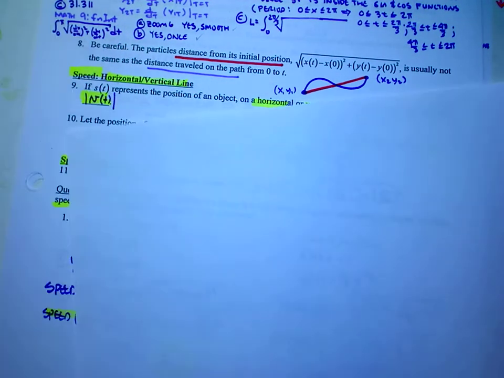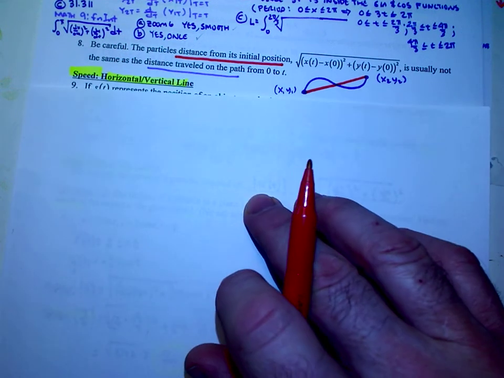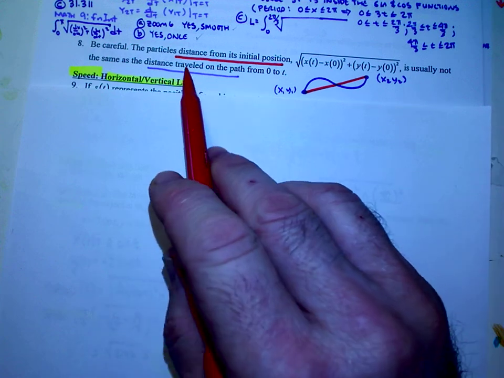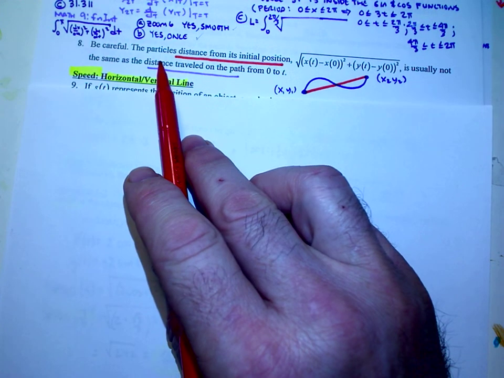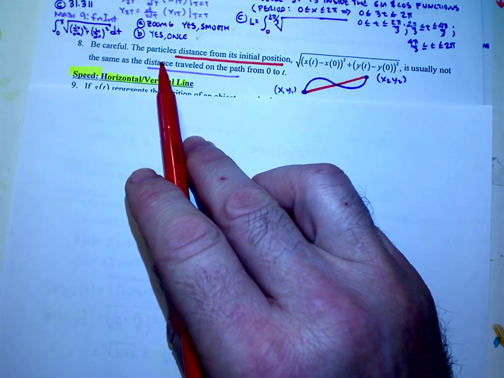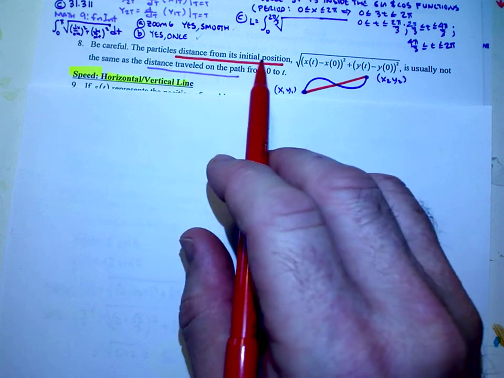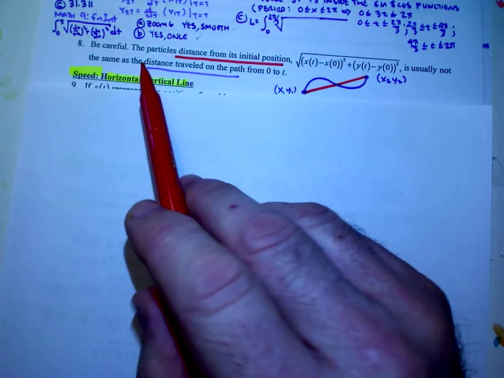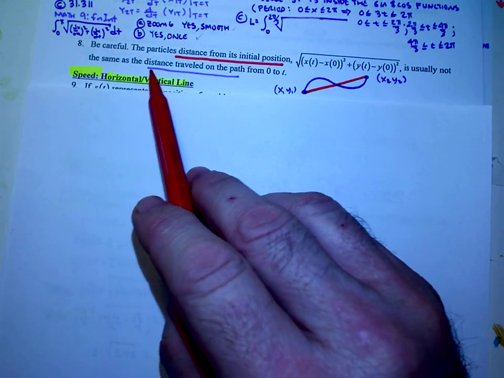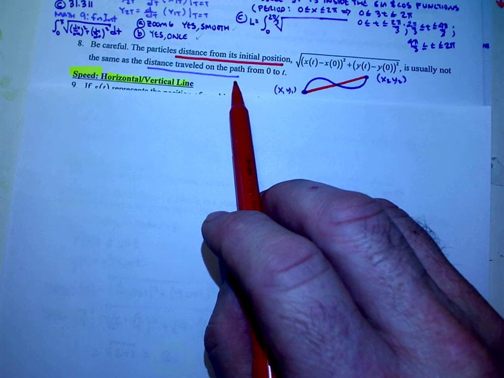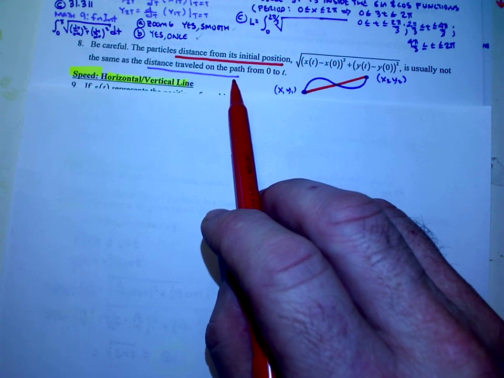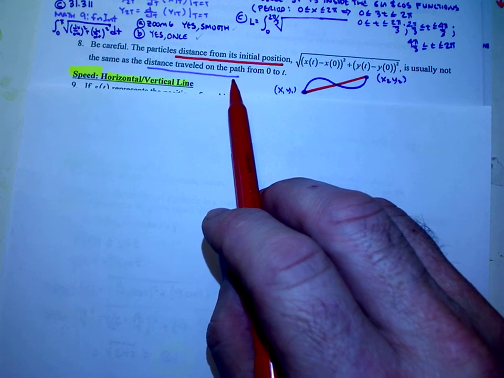Next, I want to point out a quick little note to you. Be careful on these questions. Sometimes they'll word it this way: what is the distance the particle is from its initial position? And sometimes they'll say, what is the distance the particle has traveled during the path? Those may not be the exact same thing.